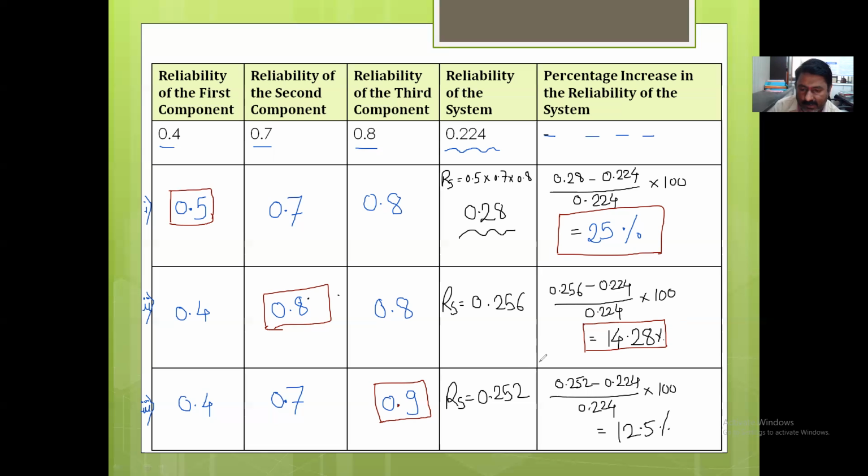So now what can you say about the inference drawn? We will go in detail, but where are you getting the maximum percentage increase in the system reliability? First case. Can you draw any conclusion based on this? Why at the first case?